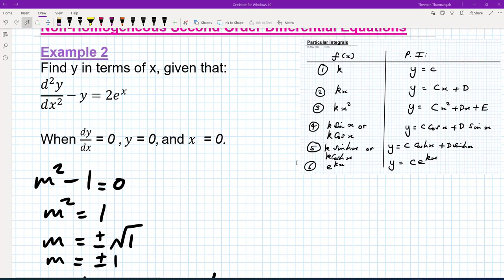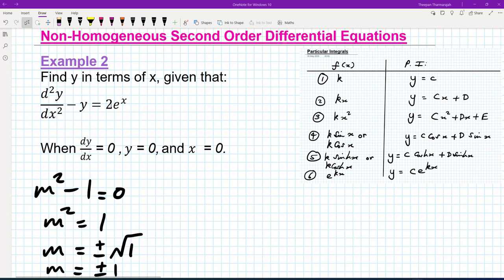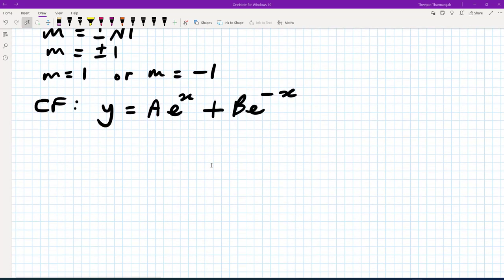Now, if you notice on the right hand side, we've got 2 e to the x as in a constant times e to the x, and we've learnt in the previous video that that cannot happen, because when you differentiate it, if you like to find the first and second derivative and substitute it back into your differential equation, it will make it equal to 0, and you can't have that.